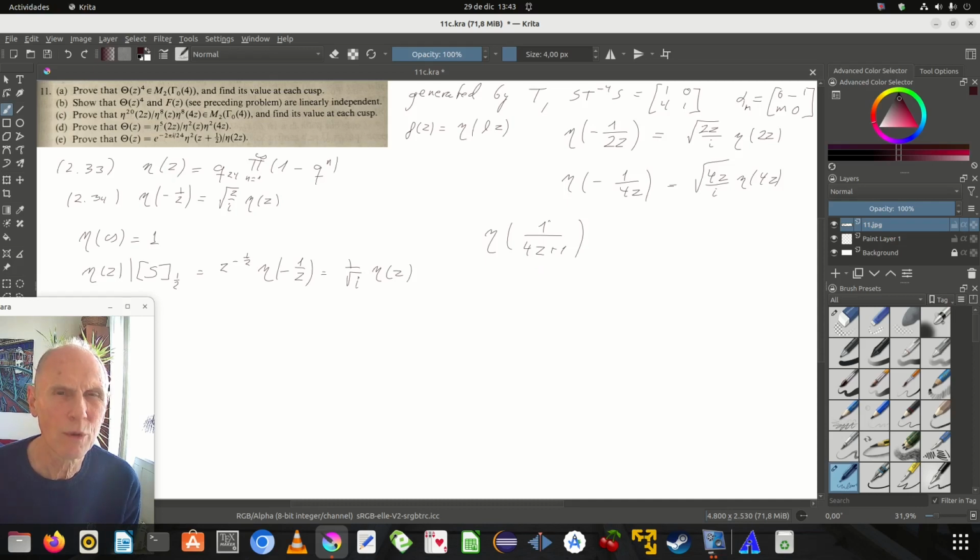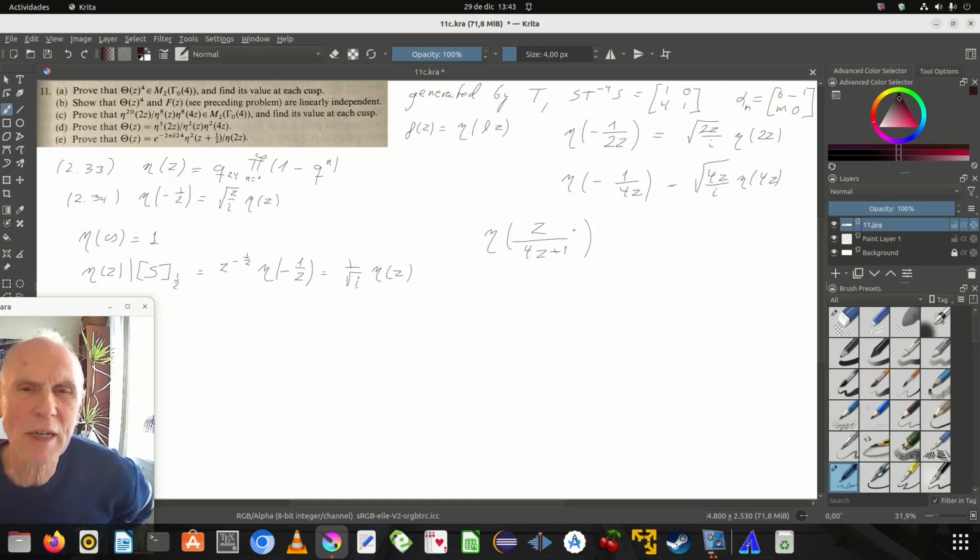That's a little weird. It's z divided by 4z plus 1. The other one had negative imaginary part. That looked very wrong.